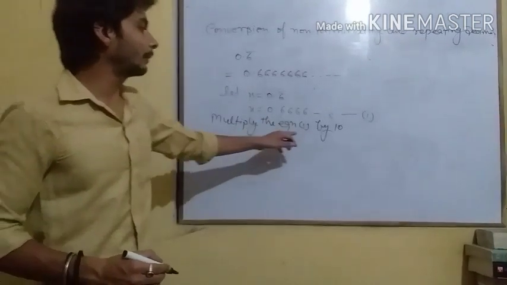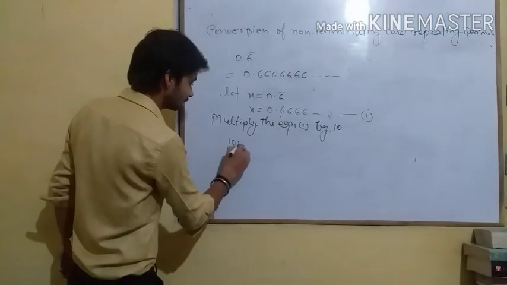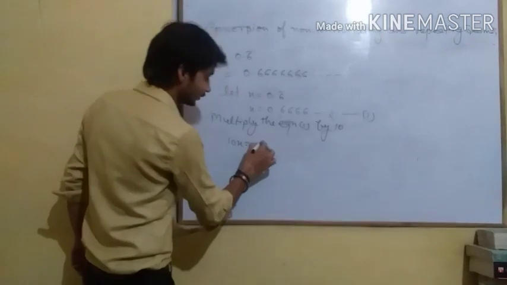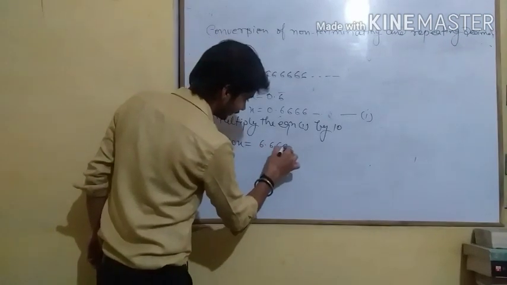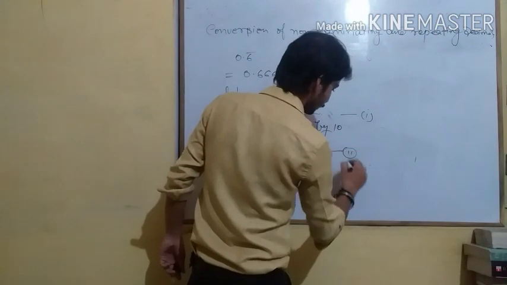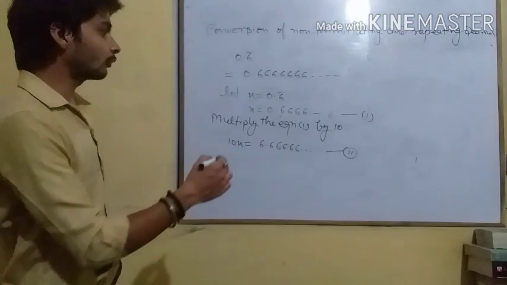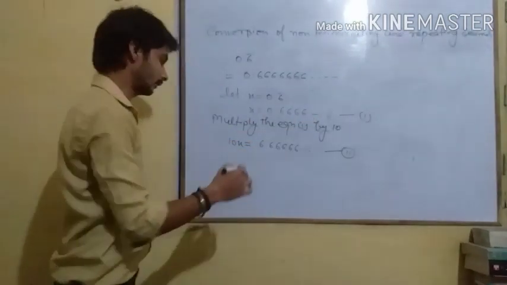Then we will multiply by 10 in equation number 1 and we get 10x is equal to 6.66666 and so on. This is your second equation. Now subtract equation number 1 from the second.